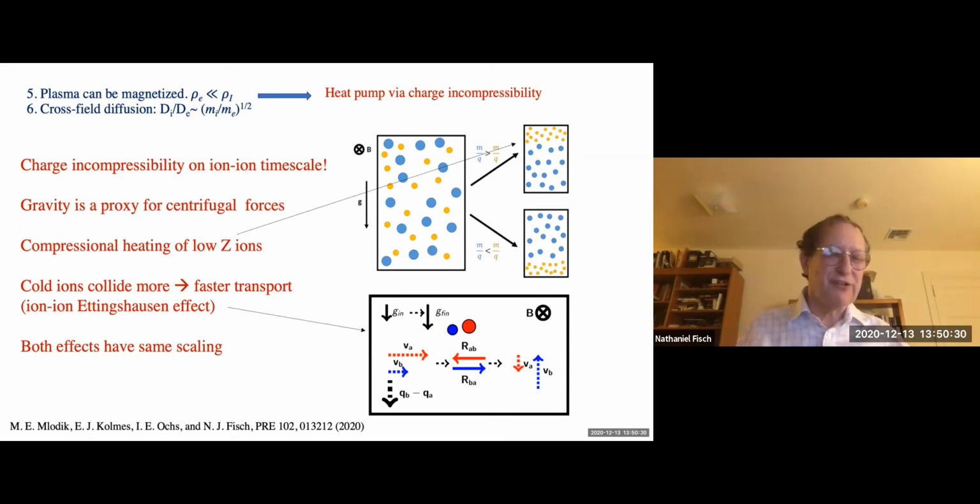The higher charge ions now take up more space, so they're cooled. So this is a new heating effect. We published it this year, and it goes in the same direction as the ion-ion Edenhausen effect, which is also a way of transferring charge.